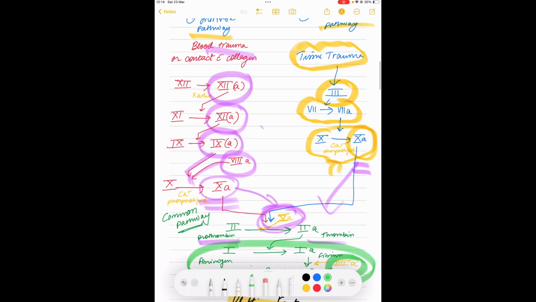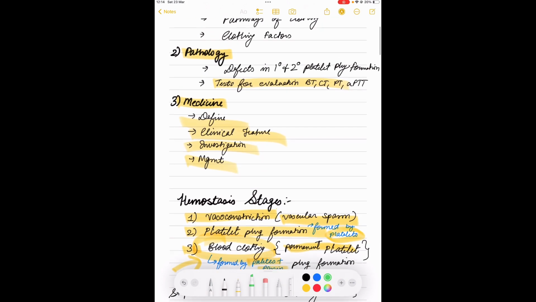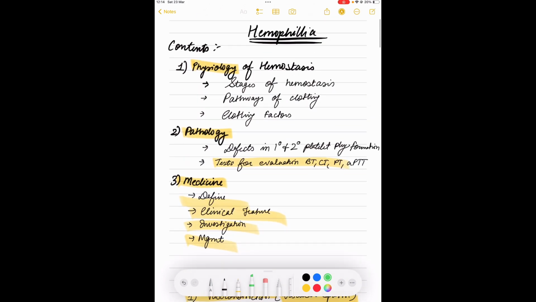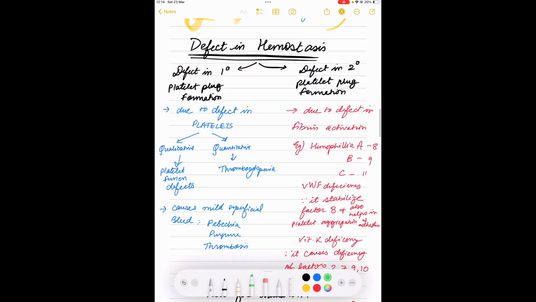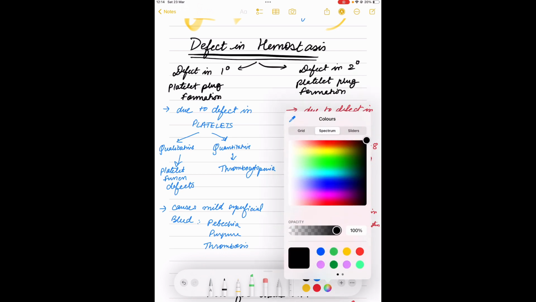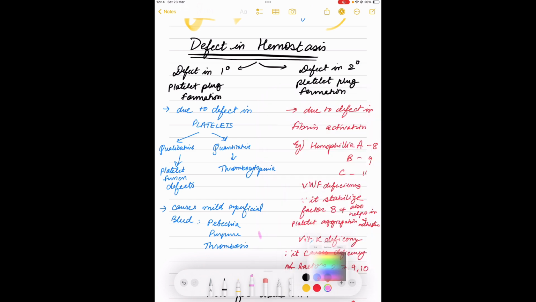Now I am quite sure you guys might be very well versed with the physiological part. Moving towards the pathology. So when we say pathology, there's some problem in the normal part, right? So let's see how it goes and what actually is the problem. So yeah, talking about defect in hemostasis.